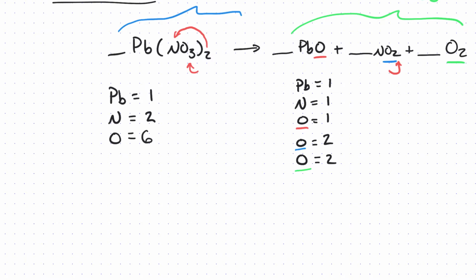Now, even though I have all these oxygens listed out separately, I am keeping track of the sum of those oxygens, and that's what I'm going to compare to this number on this side. So I'm trying to get a total of 6 oxygens, or possibly a different number. But I'm not going to be looking at just one of the oxygens here.